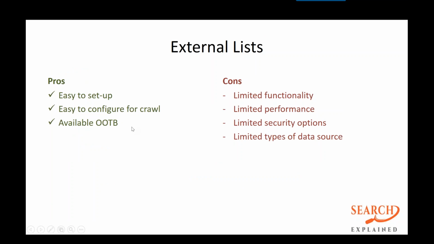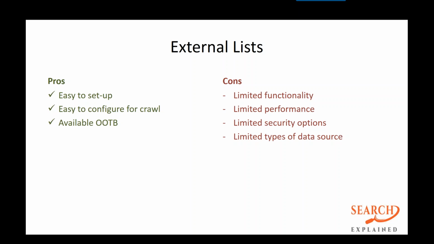It's also a big benefit that it is available out of the box, which means you don't have to install anything, you don't have to purchase a third-party solution, you just use it directly from SharePoint.